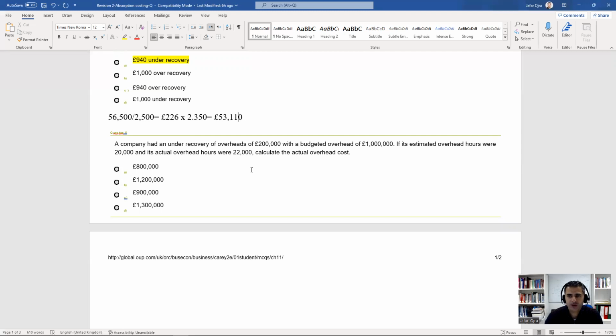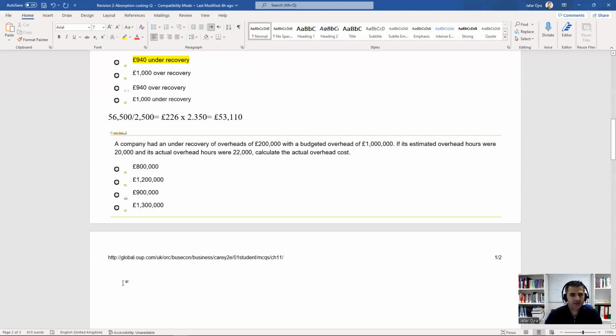Estimated overhead hours were 20,000, and the actual overhead hours 22,000. Calculate the actual overhead cost.